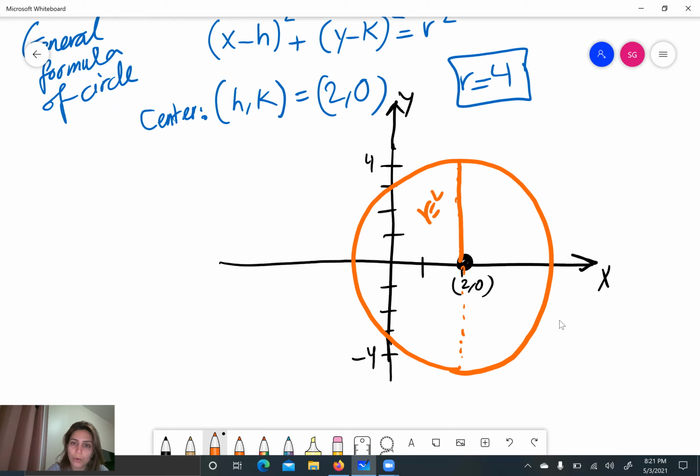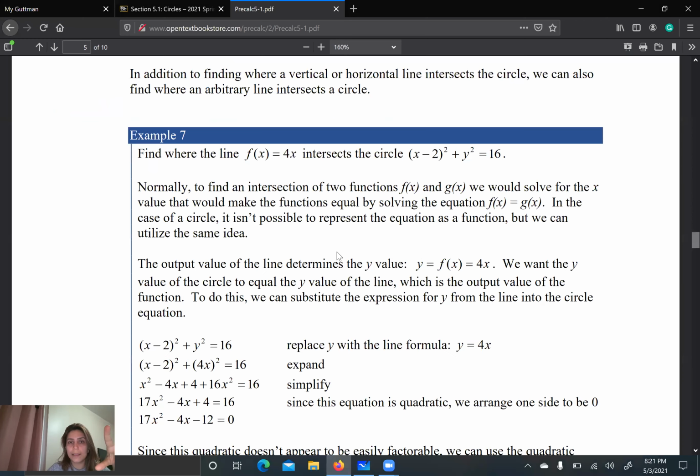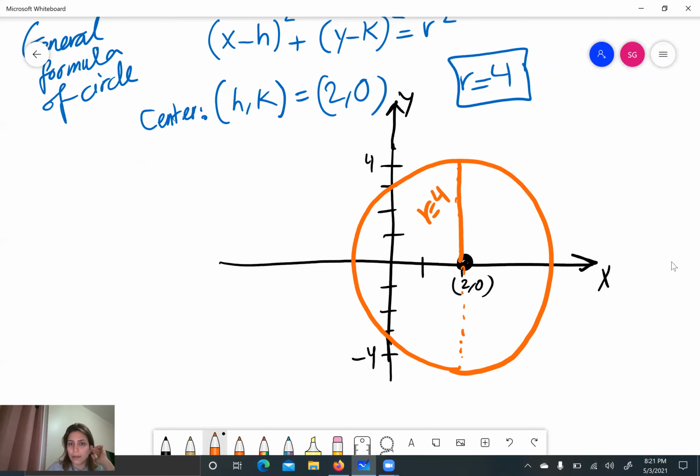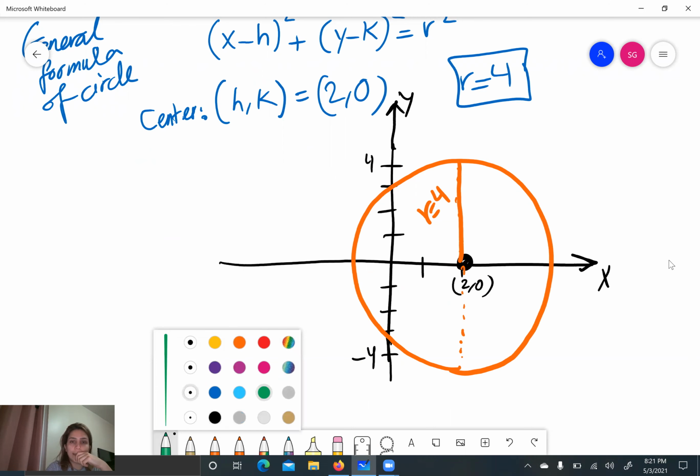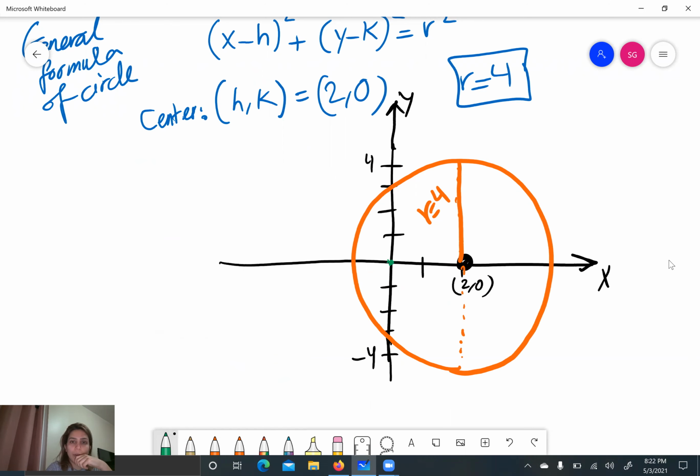And the question is, now that you have this circle, where does the line y = 4x intersect this circle? So 4x is going to be this line. I know at 0 it's 0, at 1 it's 4.